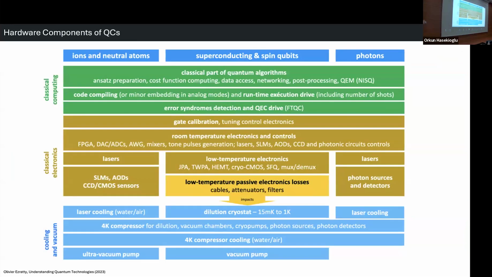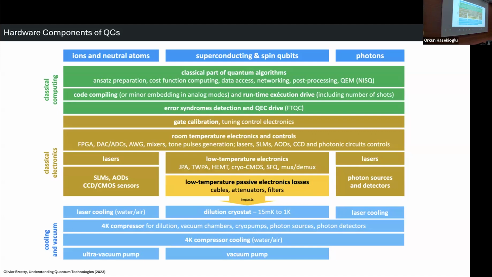So what are the hardware components of this system? The classical part is mostly the same, like data access, signal manipulation, RF sources, etc. Almost all of them are the same. Then you need some classical computer to interpret the measurement, which is the same approach.